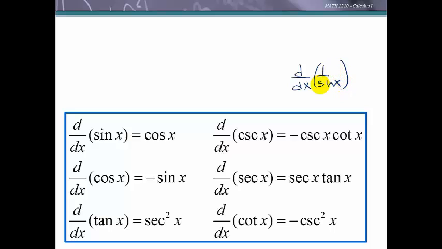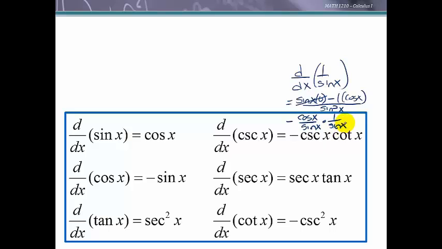There's several ways we could do this, but let's just do this applying a quotient rule. So we've got bottom times the derivative of the top minus the top times the derivative of the bottom, all over the bottom squared. So we see we are left with negative cosine x over sine squared x, and that could be expressed as negative cosine x over sine x multiplied by 1 over sine x.